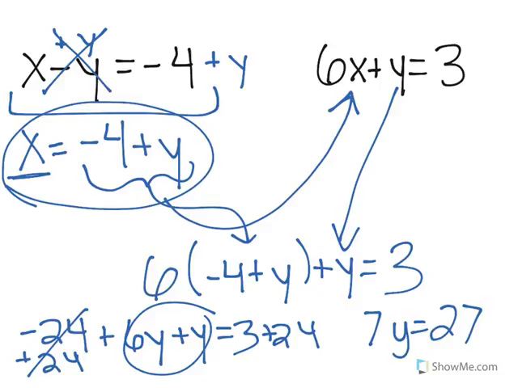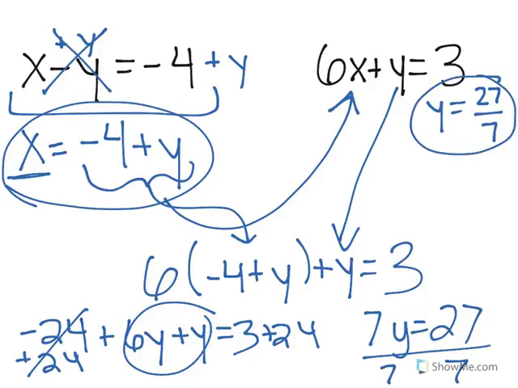Now we divide both sides by 7, and we find that y is equal to 27 over 7. As you might recall, this is basically like having 2 lines, and we are finding their point of intersection. So we found the y for the point of intersection.